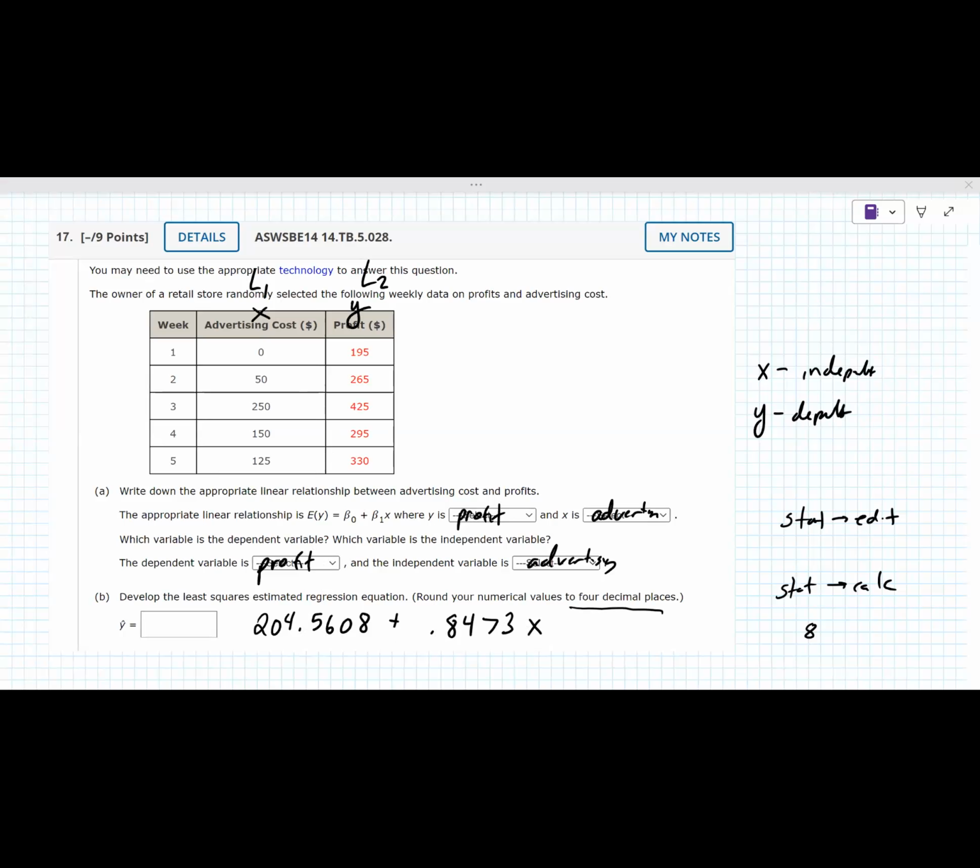So it's a slope and a b value. Okay, that's correct. Okay, fantastic.